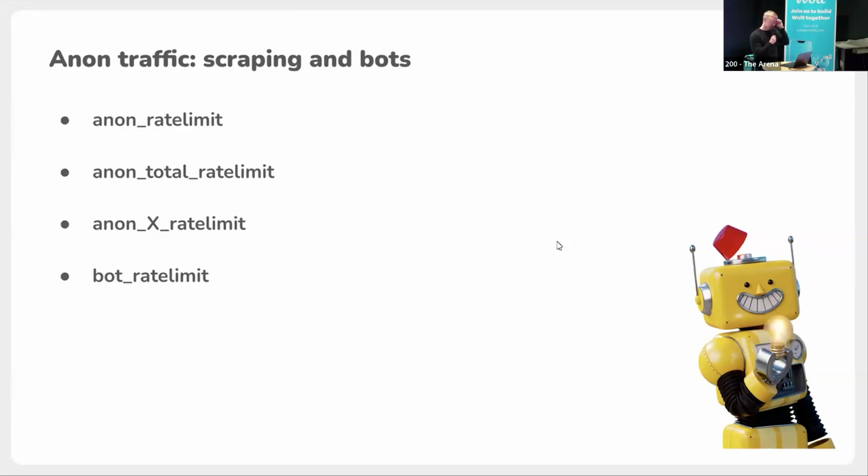But when we are talking about anonymous traffic, that's where it gets more complicated, and all of the actually problematic traffic is basically always anonymous traffic. So the basic anonymous rate limit that we had originally is the IP based one, the first one everybody thinks of: let's use IP, of course.